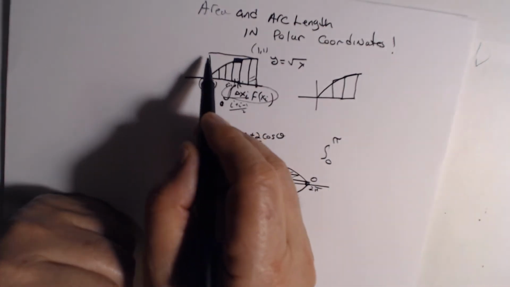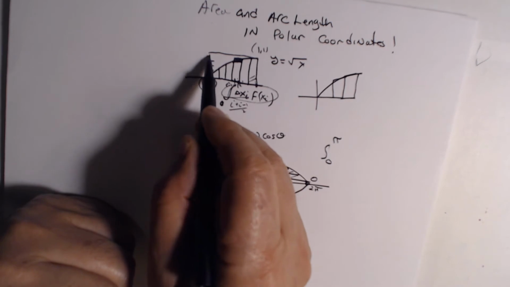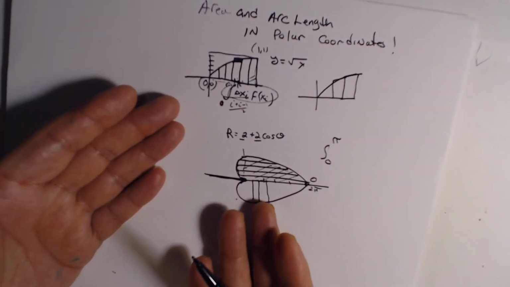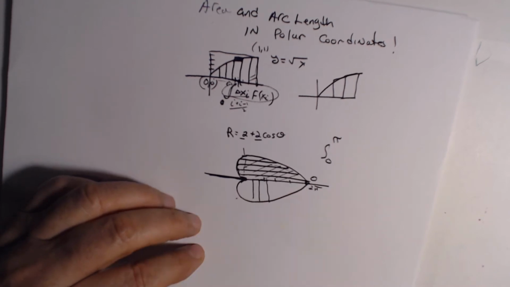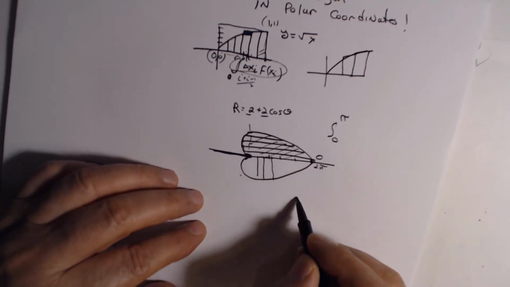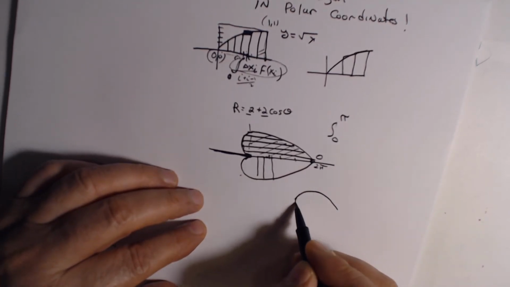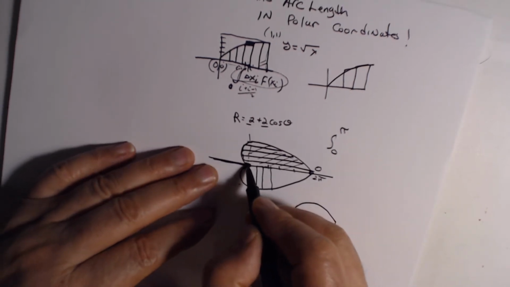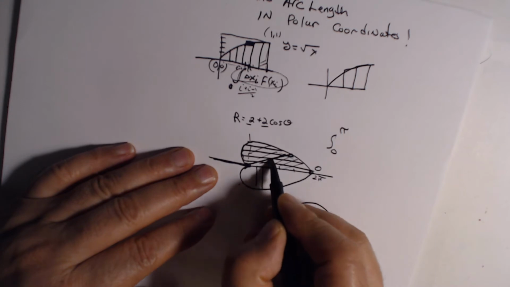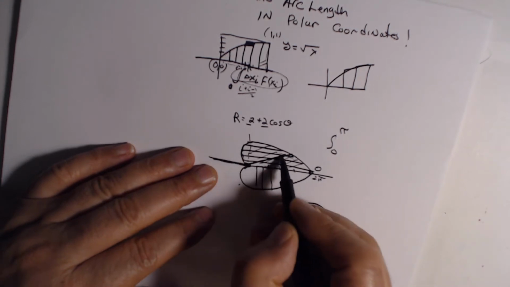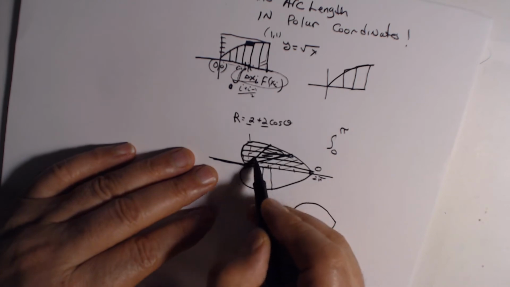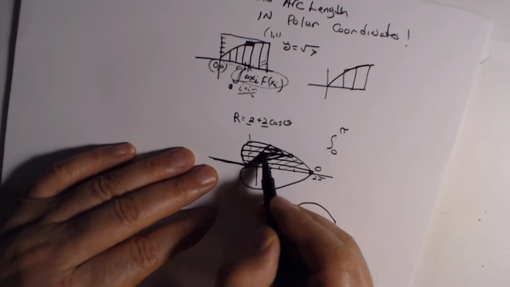In Cartesian you could make either y fixed or x fixed, but here I see no y and x. I see r and theta. Therefore, in polar coordinates you have to divide everything from the pole, and this is one r, this is another r, and that is nothing but a sector.